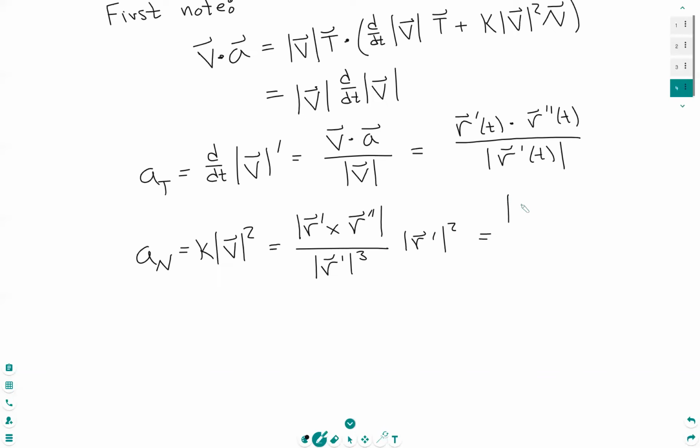So finding AN is not that much more difficult than actually finding the curvature. Rather than having a cube on the bottom, all we have is just power 1. So this is just the magnitude of velocity crossed with acceleration divided by speed, the magnitude of velocity. So this is just another way for us to find AN.